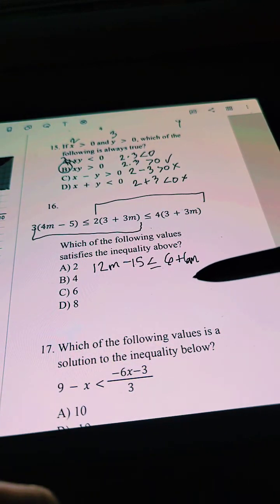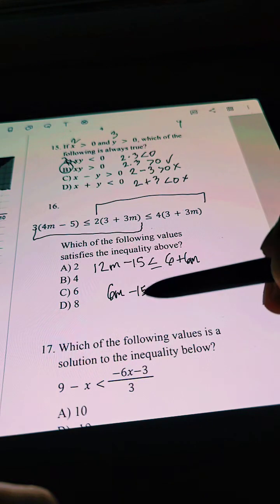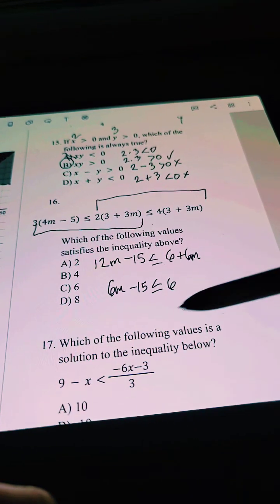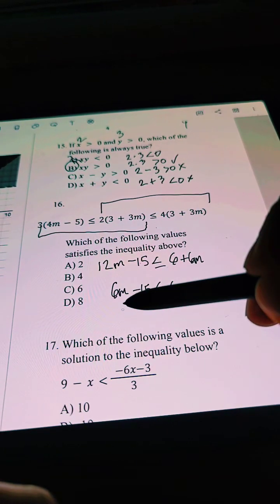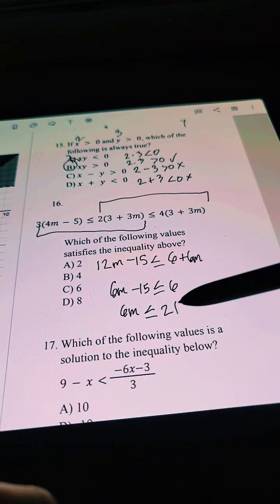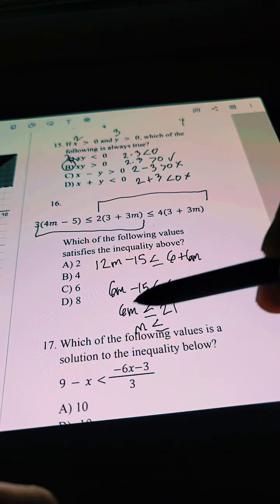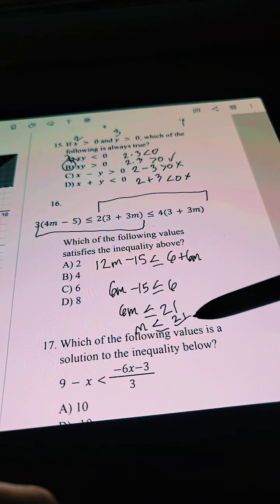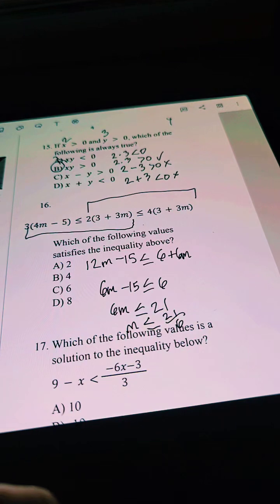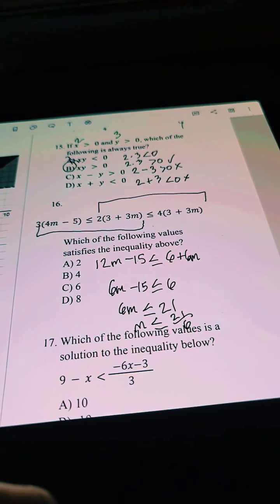So now I'm going to subtract 6m from each side. That's going to give me 6m minus 15 is less than or equal to 6. Then I'm going to add 15 to each side. So then I'm going to get 6m is less than or equal to 21. And then I'm going to divide each side by 6. So then I'm going to get m has to be less than or equal to 21 over 6.